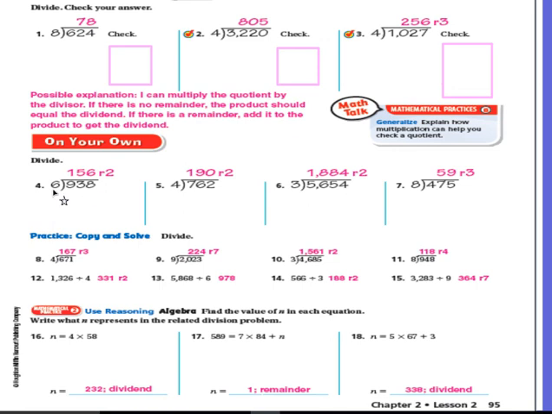I would like 1 from all of this. And I would like you to choose 1 from here to write. So on here, you need to show me your work and how you figured that out. So how did you figure n out? You need to show your work, because that's that algebraic.